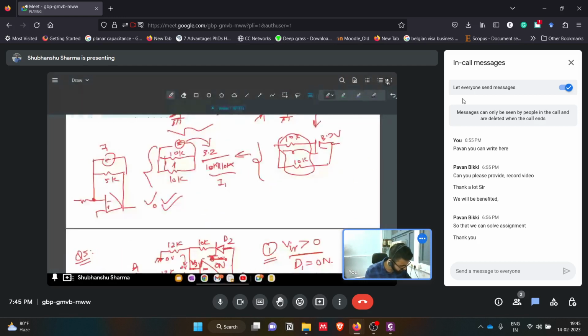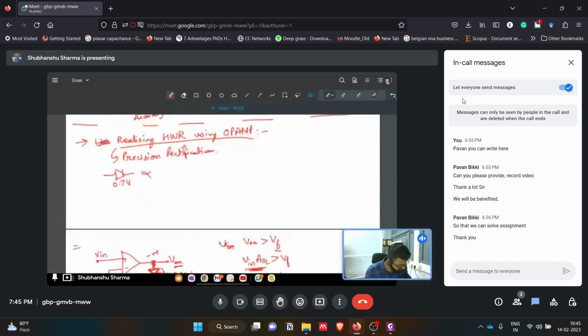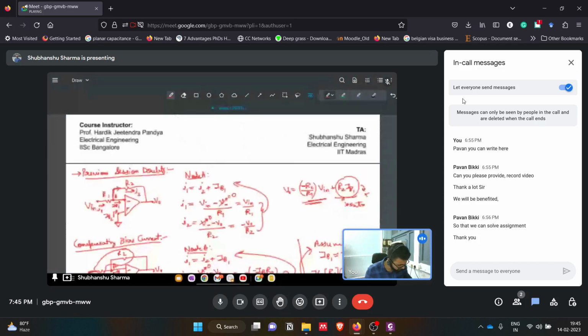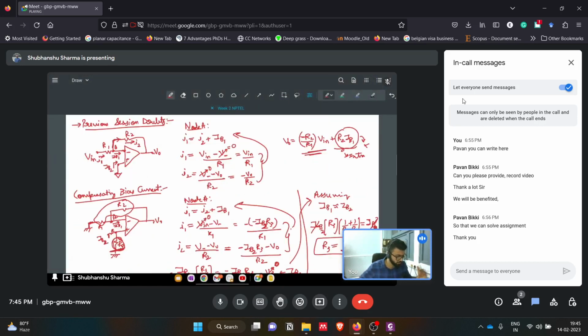Just go through what all we did today. In this session, we discussed some previous session topics, like how this bias current behaves, what the compensation is, and how this compensating technique helps in removing that bias current.